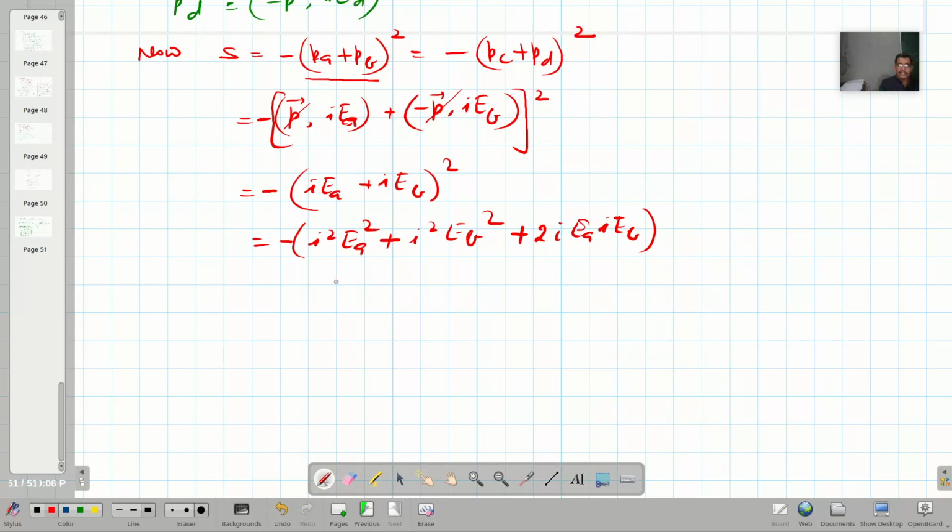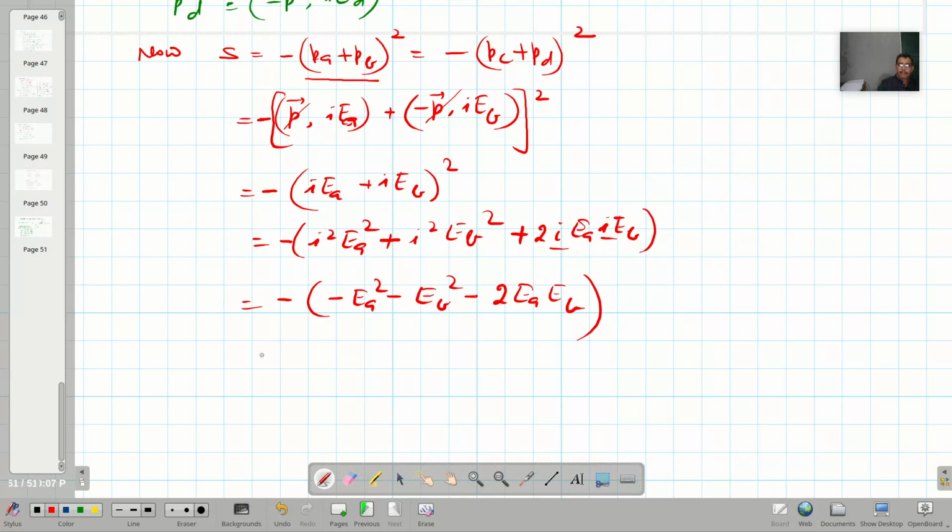Because iota square is negative, it becomes minus EA square minus EB square minus 2 EA EB.